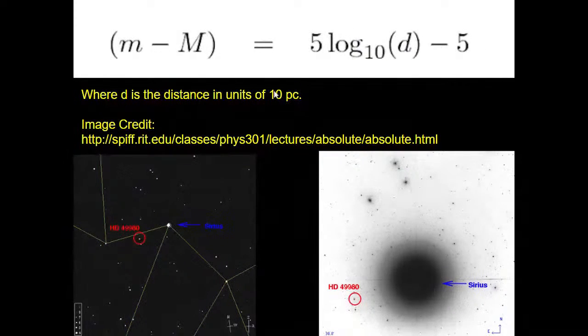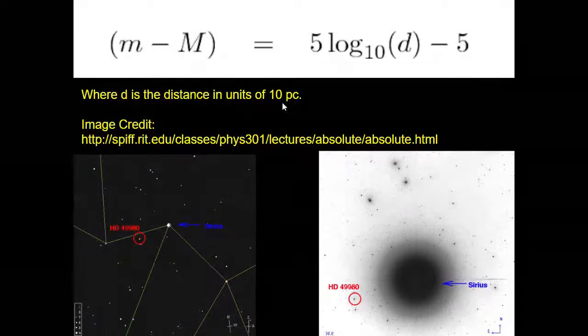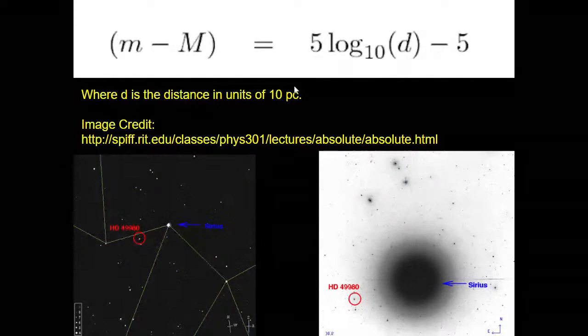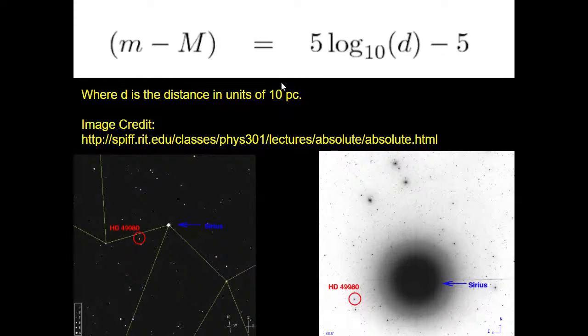It's not 10 parsec, it is a unit of 1 parsec. Here I have made a mistake. This is not 10 parsec, please correct it. This d is distance in units of 1 parsec. Please make that correction. There's a typographical error here.